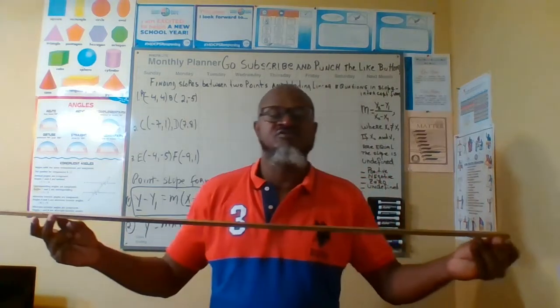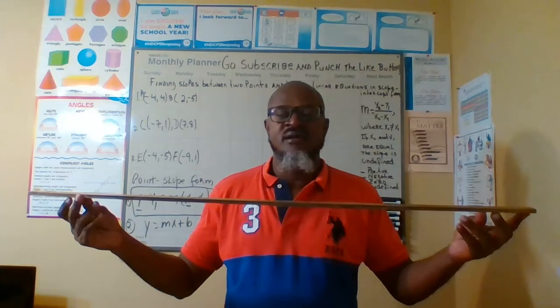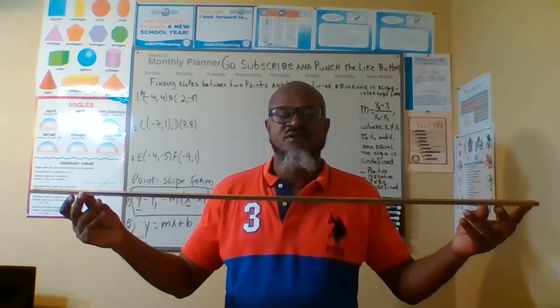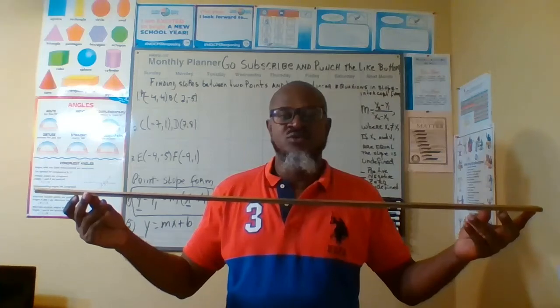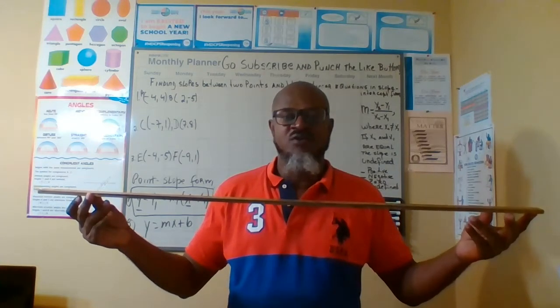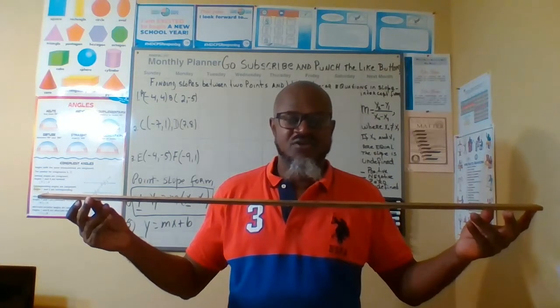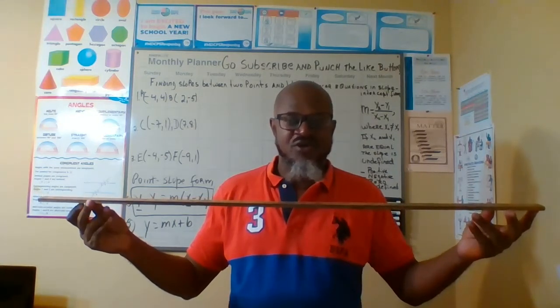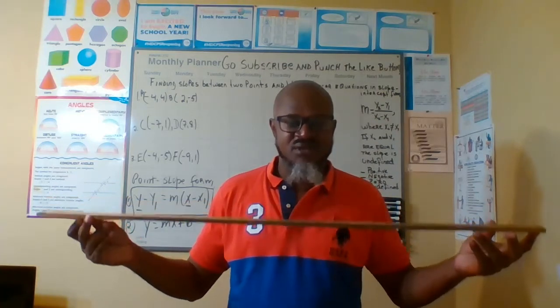A slope of 0 is when you have a horizontal line, like the x-axis. It's an equation where y is equal to a value, like y is equal to 2. When you graph it, you get a horizontal line. Your y value will always be 2 no matter what. That's a slope of 0.